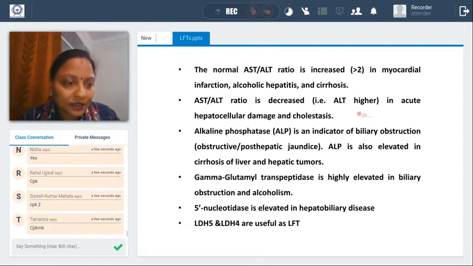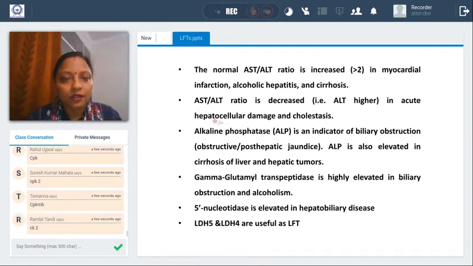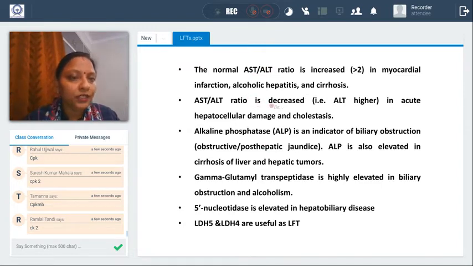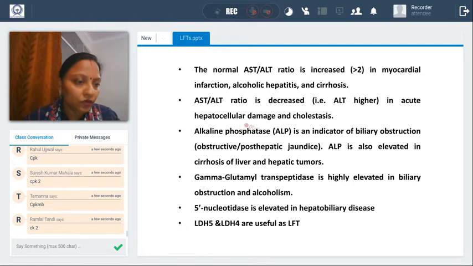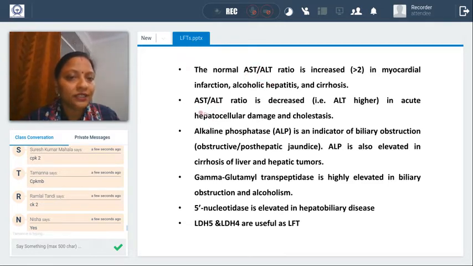No. It is CK-2, creatine kinase or creatine phosphokinase 2. So now it is clear, the AST/ALT ratio, please add in the box. Is it clear to all of you? AST/ALT, AST increase, ALT low. Here the AST/ALT ratio decreased means AST low and ALT higher.